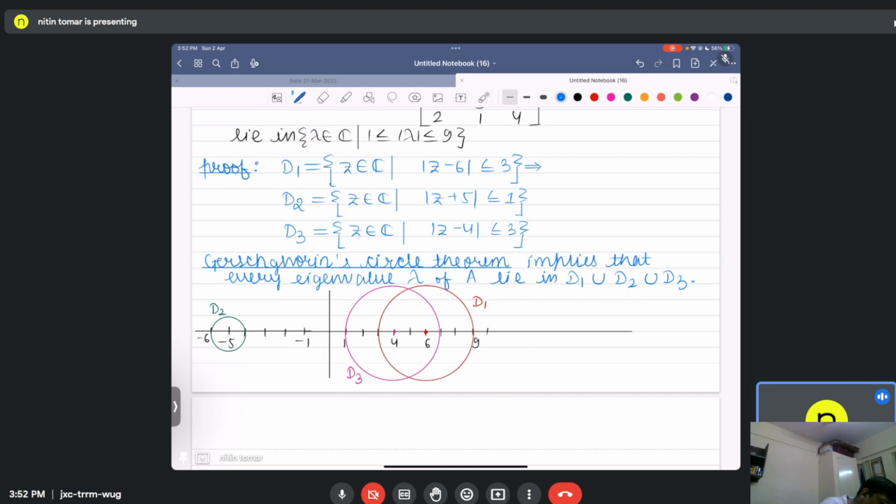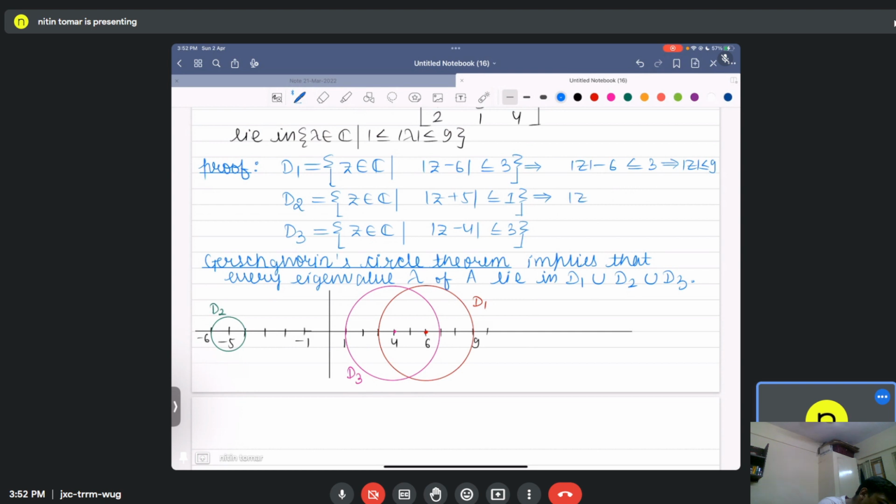If lambda belongs to it, this implies mod z is actually... you just use the reverse triangle inequality, so you will have mod z minus 6 is less than or equal to 3, and this will give you mod z less than or equal to 9.